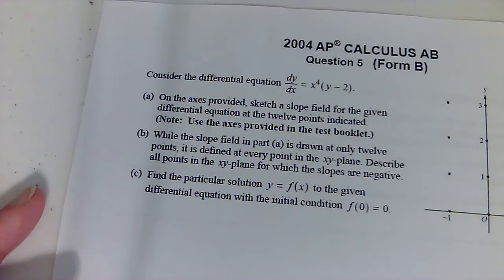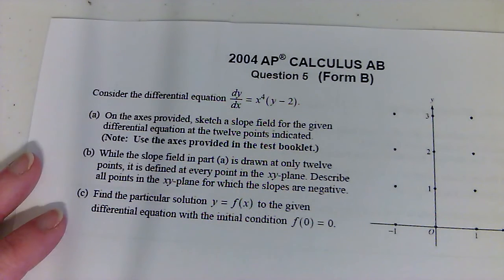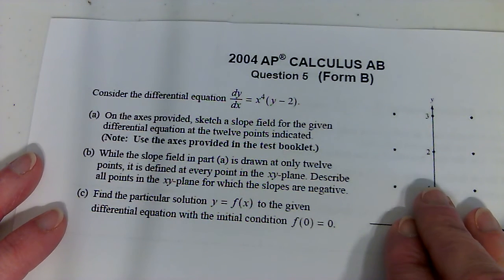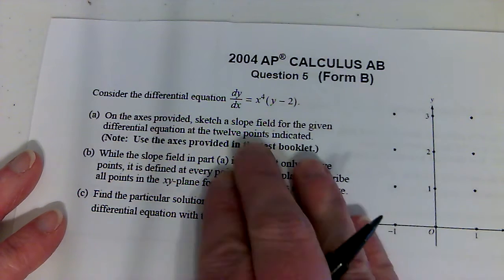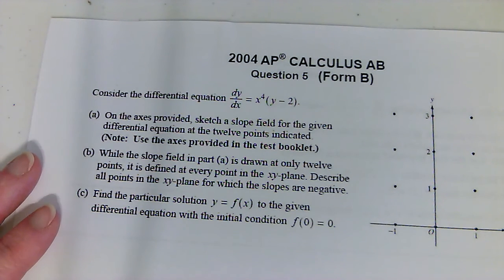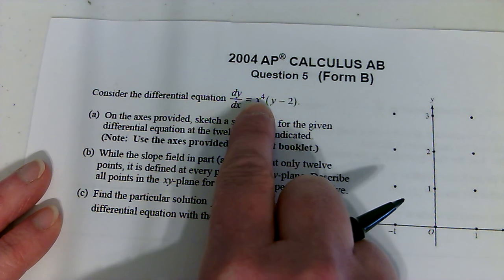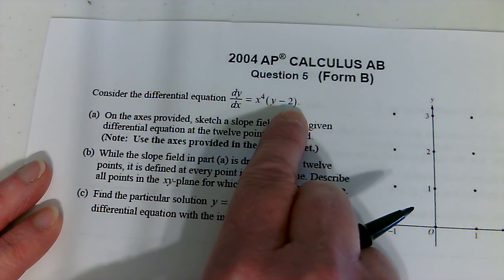They also like to ask these on free response, where they give you the field, give you the equation, ask you to fill it in. Note that on this one, x to the 4th times y minus 2.